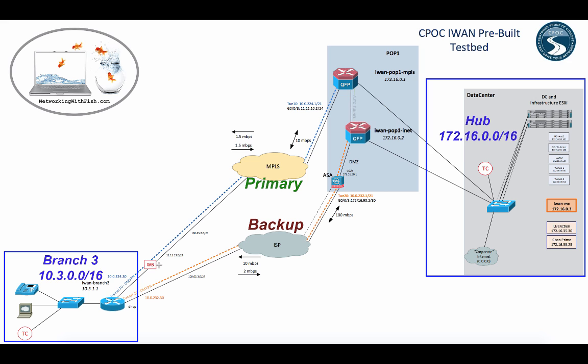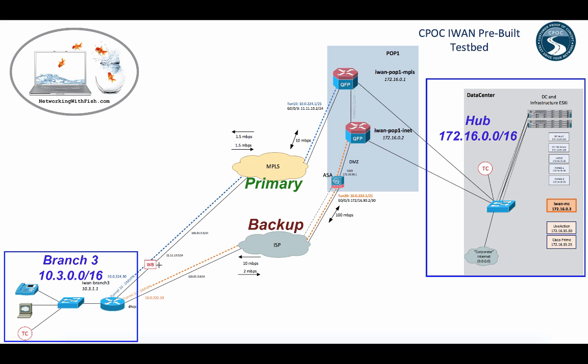A large number of people right now would like the MPLS link to get used and are using the MPLS link as a primary, both from branch 3 to the hub and from the hub to branch 3. Again, with the ISP link as a backup only.